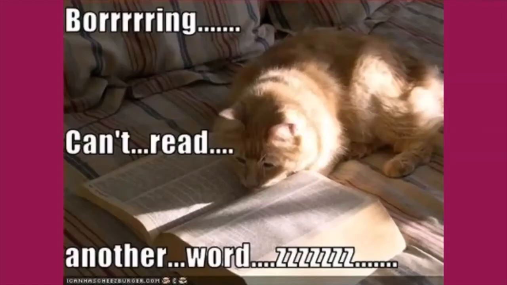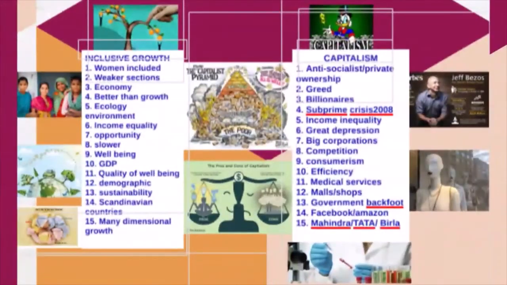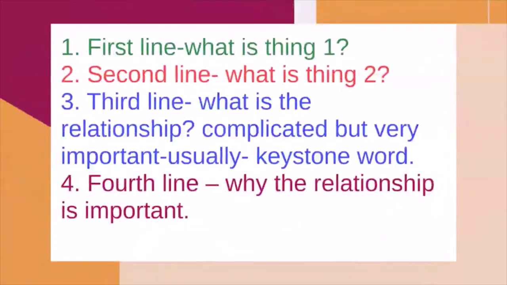And so, the way to produce a very effective introduction is that you just follow this simple four-step method. In the first line, mention what is thing one, just explain thing one in simple language. In the second line, explain what is thing two in simple language.